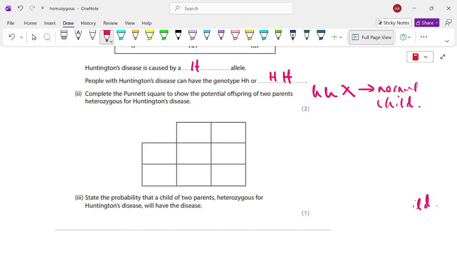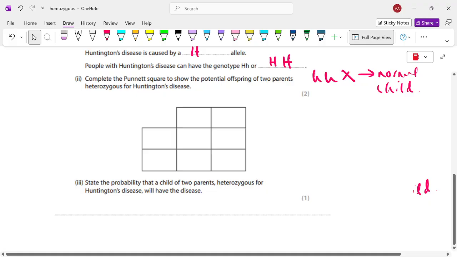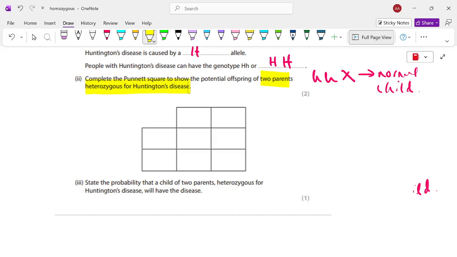All right. So now let's make the Punnett square of the two parents heterozygous for Huntington's disease. So here we are talking about heterozygous, which means two different alleles. So the only combination we're going to have is capital H and small h for mom. Likewise, capital H and a small h for dad.